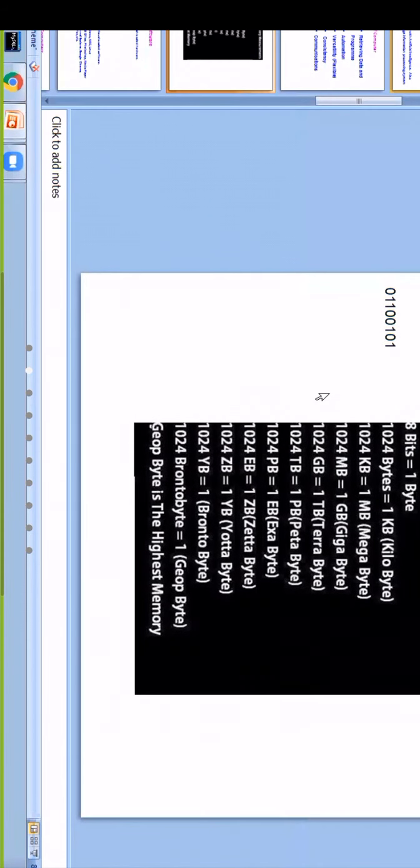So when I combine 1024 bytes, it forms what?